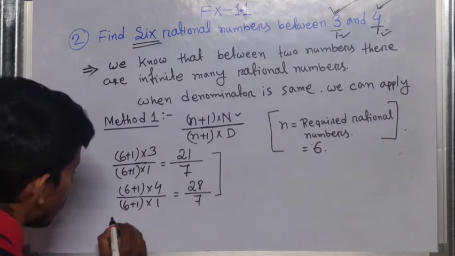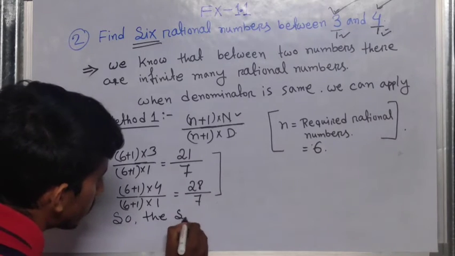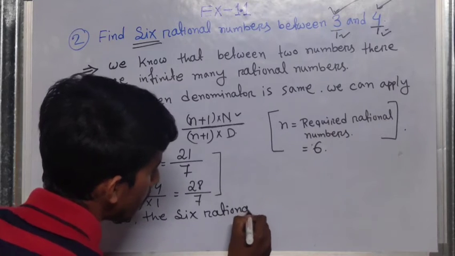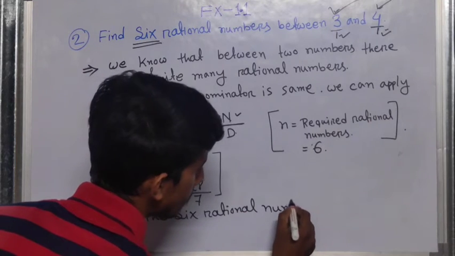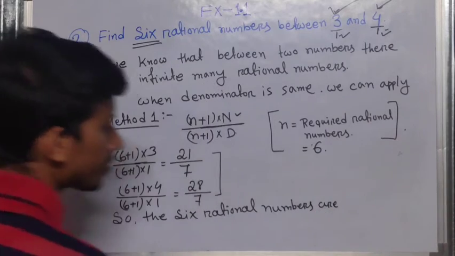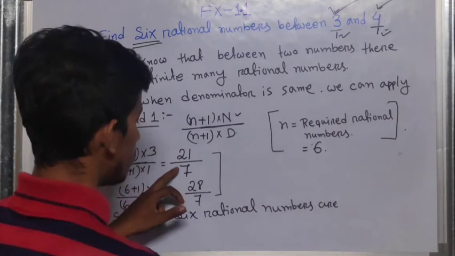So the 6 rational numbers are, you see, 21 by 7.